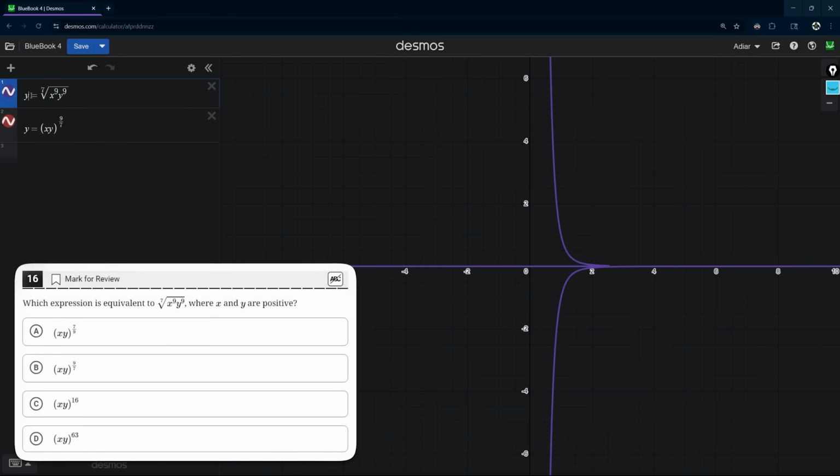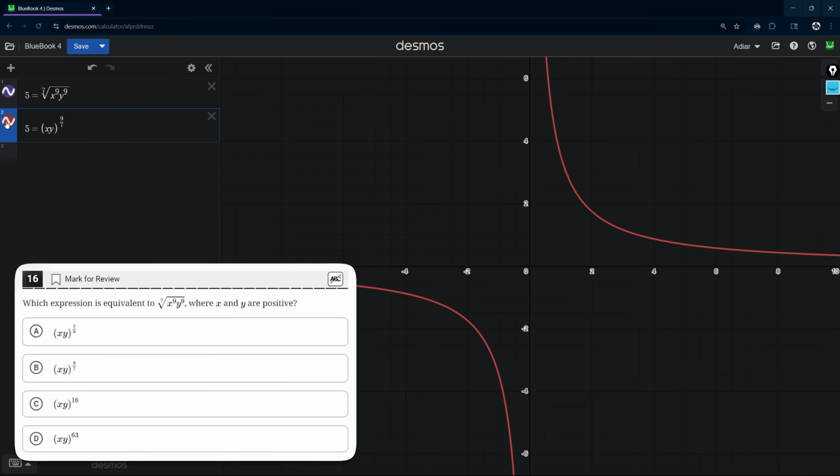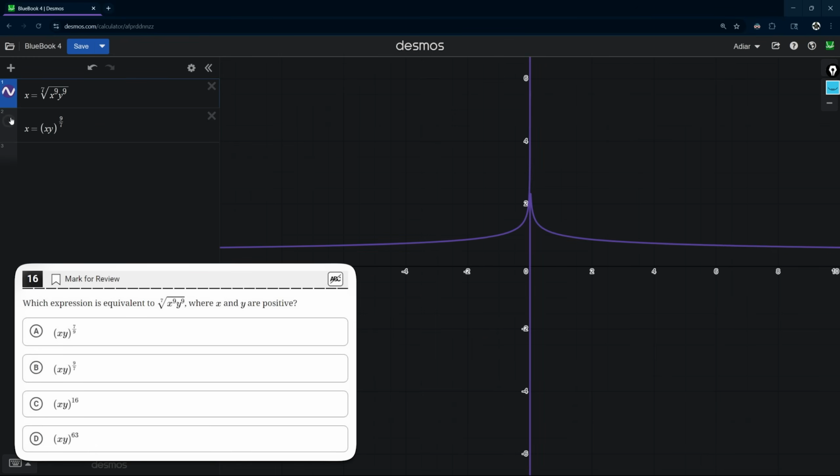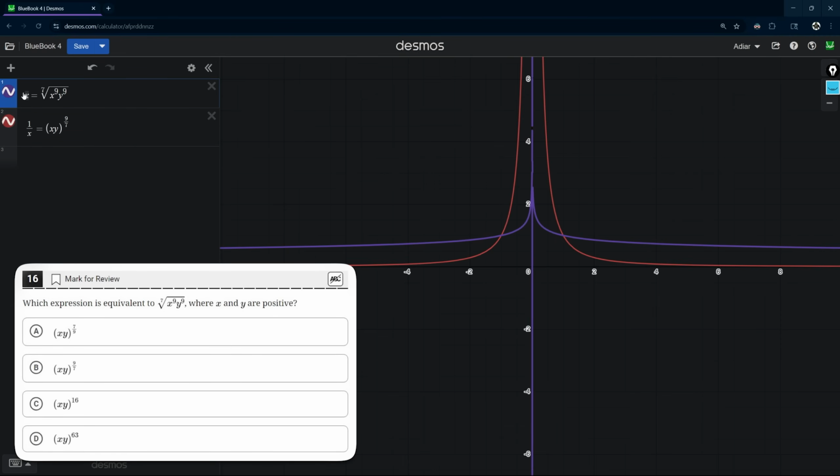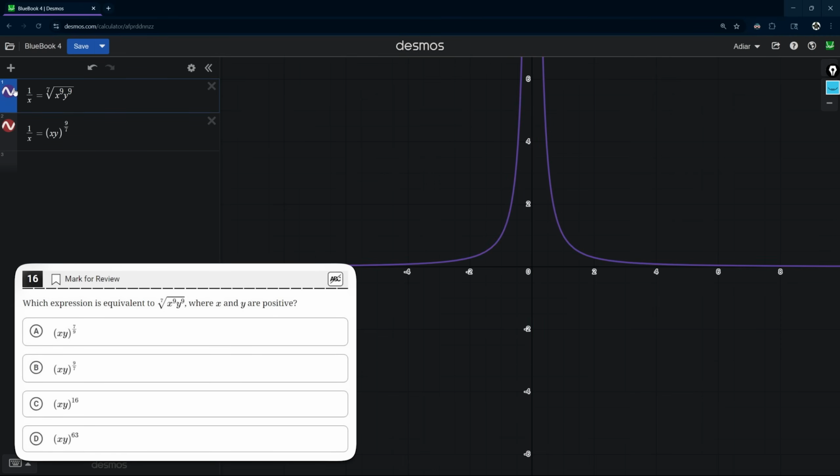So as long as we make sure that the left sides are equal, then we can test if the right sides are equal. We can choose 5 for this and 5 for this, and now we're dealing with a hyperbola. Or we can try x for this and x for this, and we're dealing with whatever this thing is. Or we could do 1 over x and 1 over x. It doesn't matter as long as the left sides are the same.